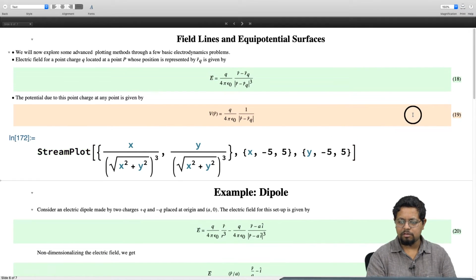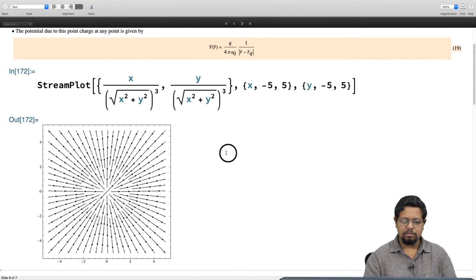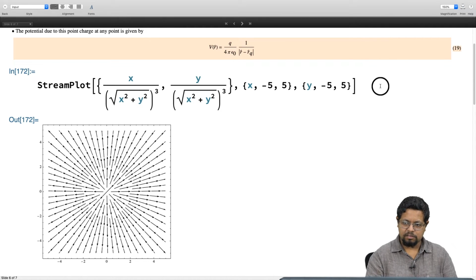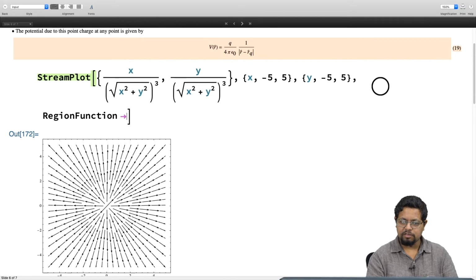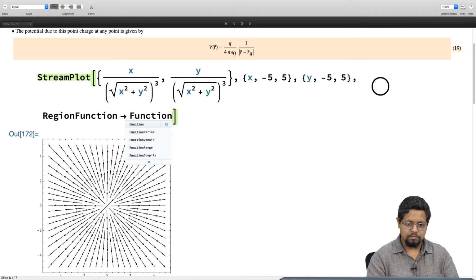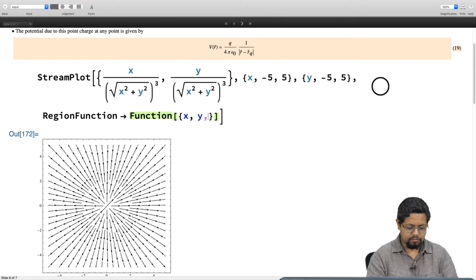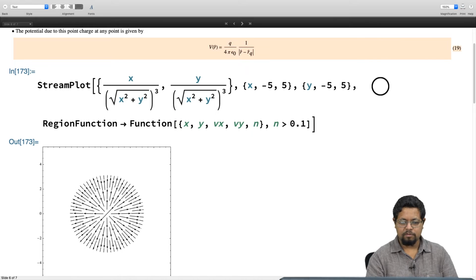Let's go ahead and make the stream plot, and you see that the electric field lines are going outwards. Again, we have got some funny business happening at the origin. For this, I can go ahead and use the RegionFunction option and set that to a function of x, y, vx, vy, and n, and let the function be such that n is greater than 0.1.